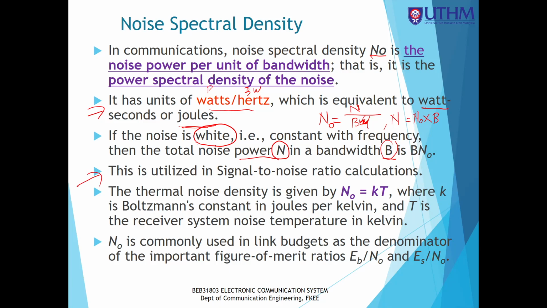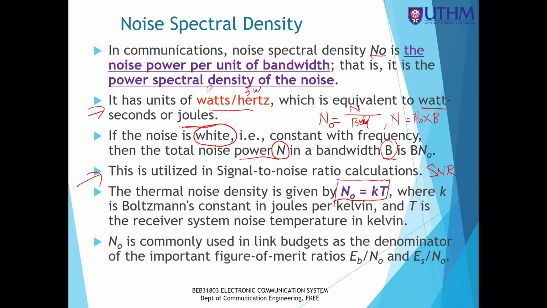So why is it so important? Because this is used in the SNR calculations. SNR calculation you will see later. So the thermal noise density is given by N0 equal to KT. So you can also write like this in terms of temperature.